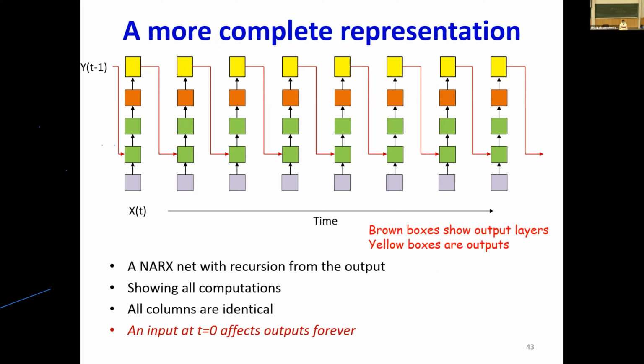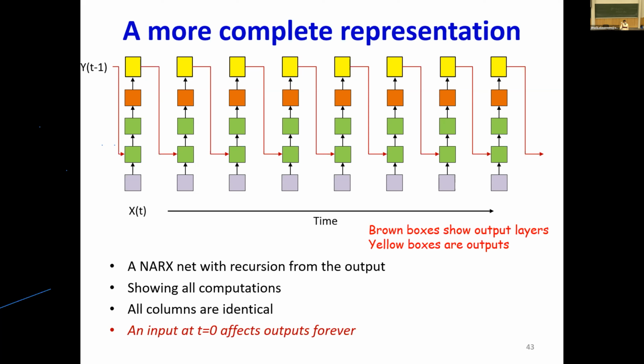And now you can see how an input at, say, the leftmost corner, the blue box, if you follow the chain of arrows to see all the outputs it influences, there's a continuous arrow all the way out to the end. Therefore, the first input continues to influence the output forever. So this has the characteristic we want.